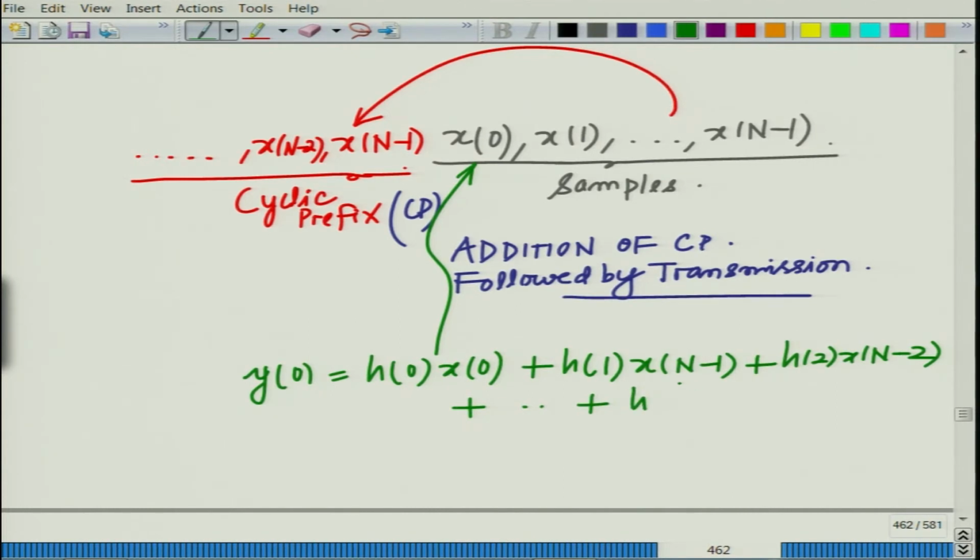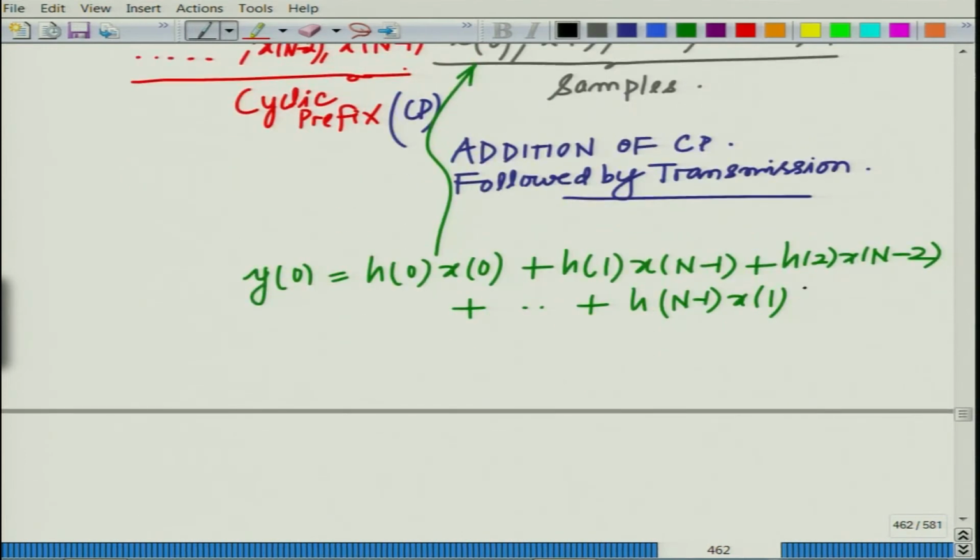This would be hn minus 1 times x1. Okay. Plus of course, there is going to be noise, which would be w0. I am not concerned about that too much at this point.